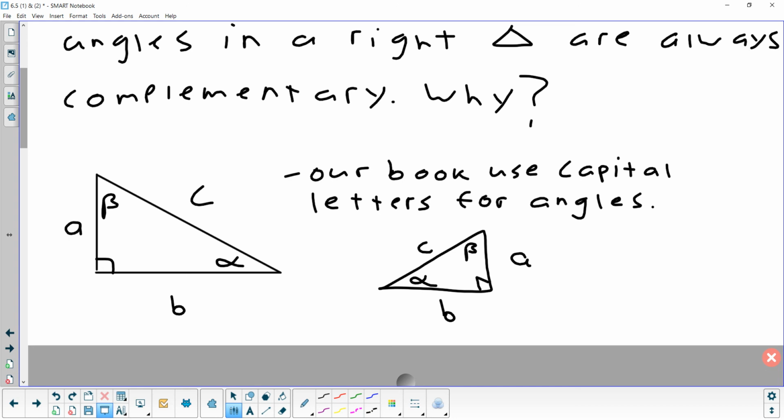If you made C one of the legs, which I would never do, and the angle across from it is C, now you'd have a capital C and a lowercase c, and that's a mess. So the simple way to get around that, we'll always use English letters for the sides, Greek letters for the angles. A across from alpha, B across from beta.